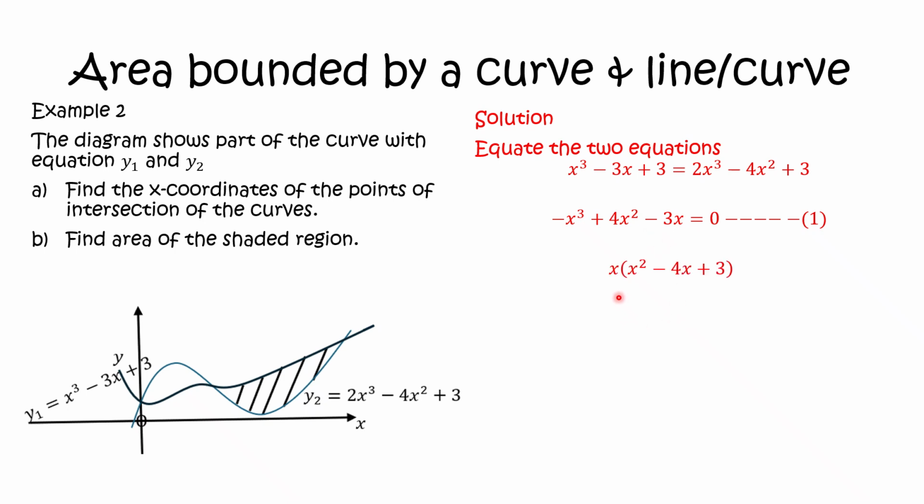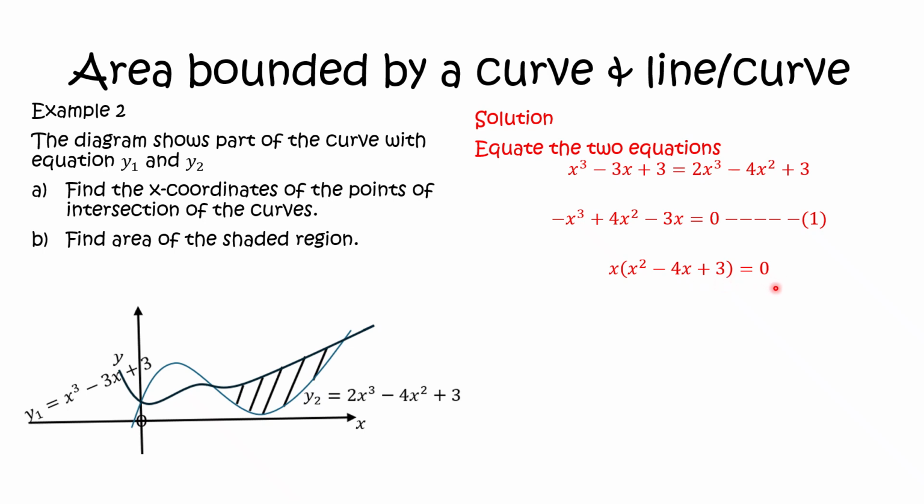Great. So let's move on solving for x for this equation. Right, as we see, we have x's throughout all the left-hand terms. So we can factor out x because that is the common factor in this case. Then we have x squared minus 4x plus 3 is equals to 0.